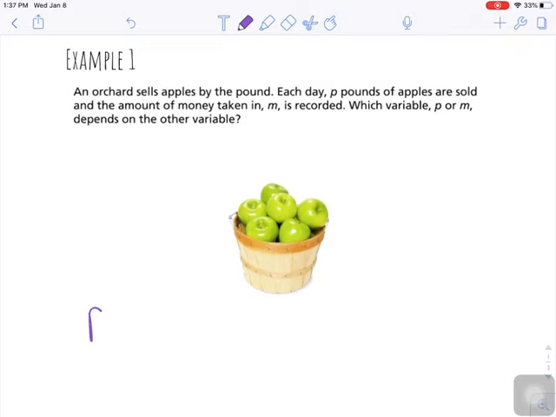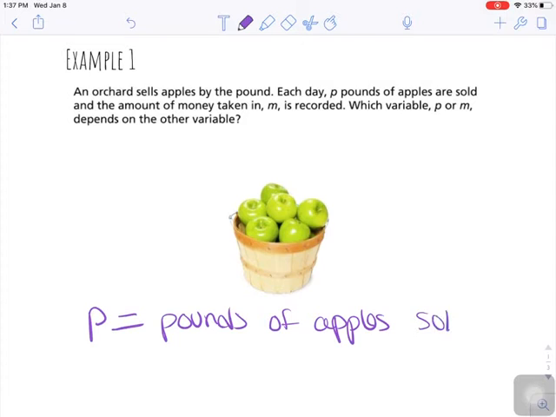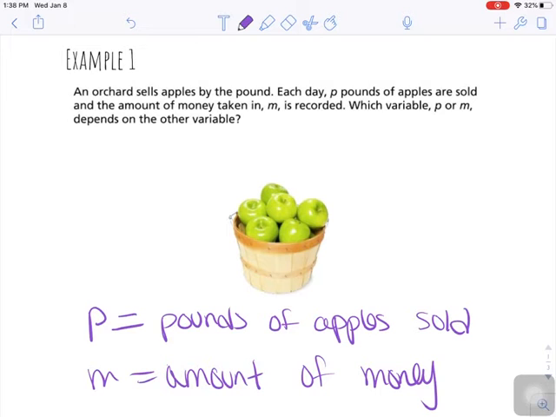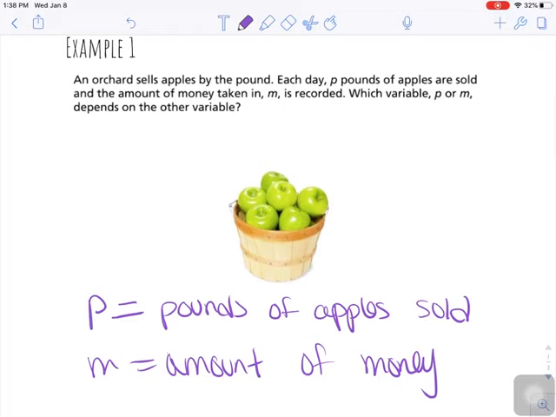So P are the pounds of apples sold, and M is the amount of money we earn.